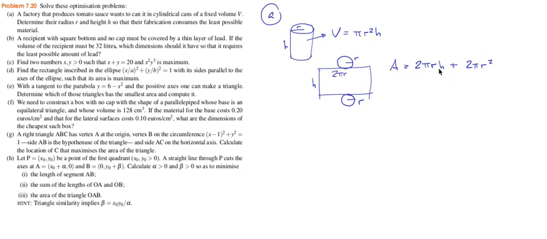Now we know, because the volume is fixed, we can actually express h as a function of v and r, right? So h is v divided by pi r squared.